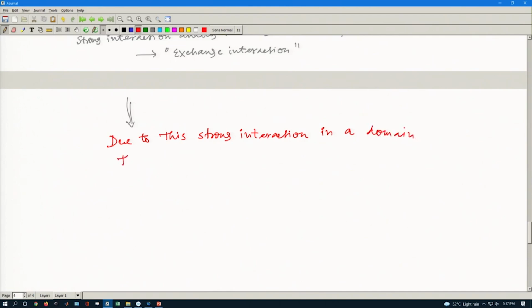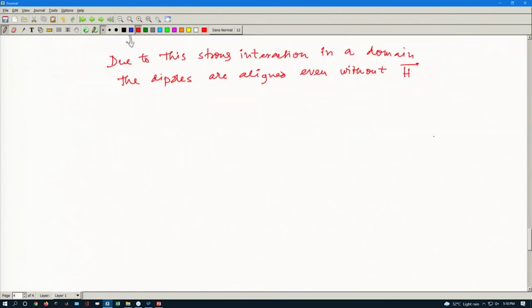The dipoles are aligned even without any applied field H.